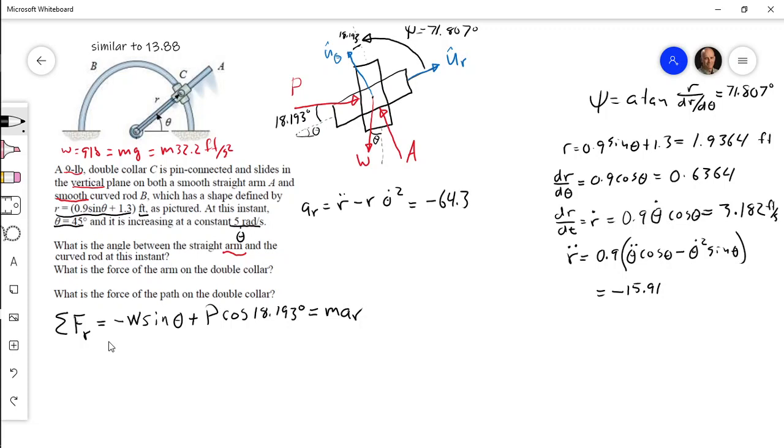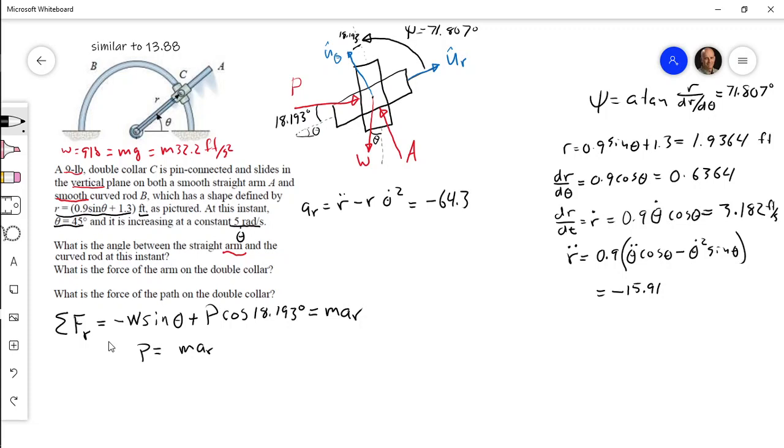And so now we can solve for P. P equals MAR, and we have AR. Oh, and we have to do this.